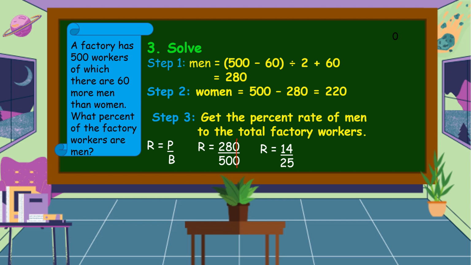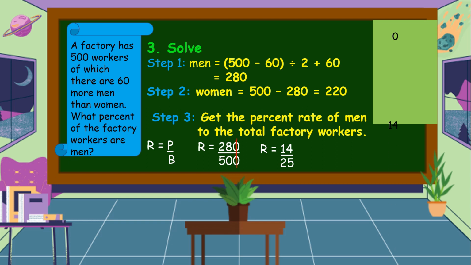So, ngayon, nasa lowest term na yung ating fraction, gagawin na natin tong percent rate by dividing the numerator by the denominator. So, 14 divided by 25 is equal to 0. 0 times 25 is equal to 0. 14 minus 0 is equal to 14. Then, pwede tayo mag-add ng decimal point at 0.